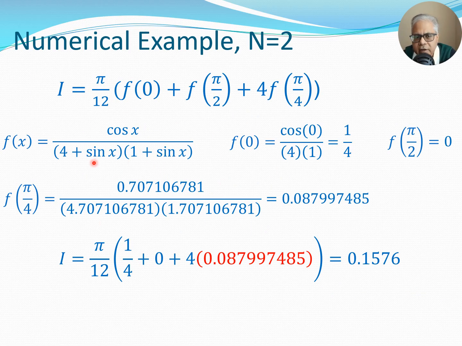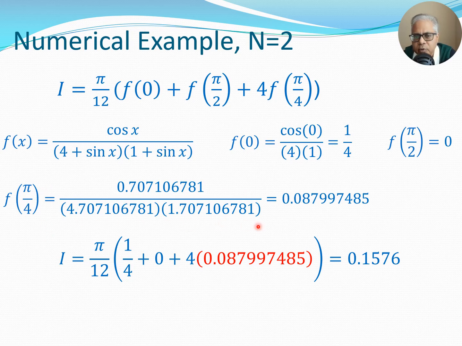So that's what I have done here. I have taken the value of f of x, and I can immediately see f0 will be simply 1 by 4, and f pi by 2 will be 0. Remember, cos 0 is 1, and of course you know cos pi by 2 is 0, so this becomes 0 here, and I can find f pi by 4 and I get these values here. Remember, pi by 4 would be 180 by 4, that is 45 degrees.